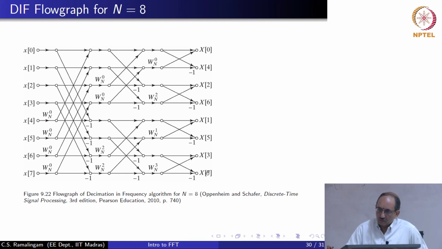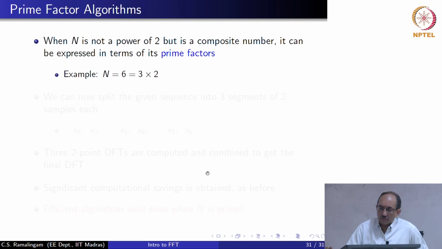Alright. And remember, all of this computation savings is coming because N is a power of 2 and you are expressing it by dividing and conquering. Suppose N is not a power of 2 but is a composite number, say for example if N were 6, then you can still break this up into its prime factors.